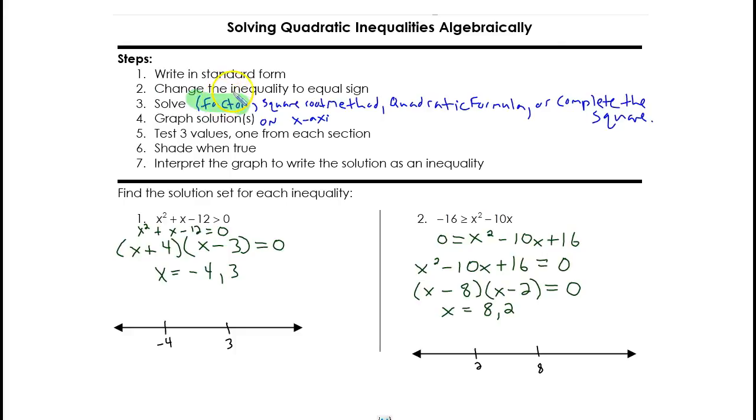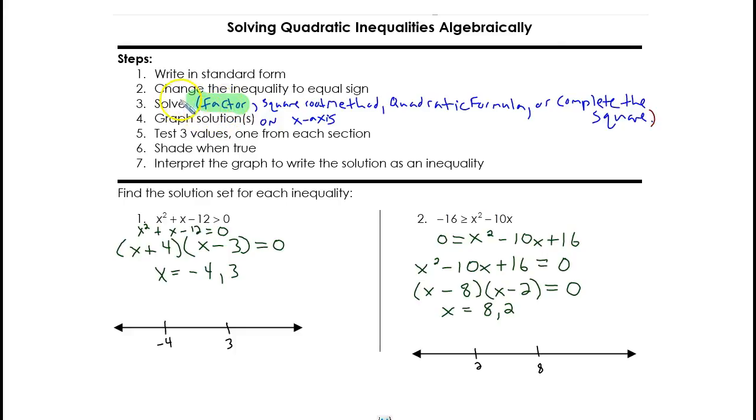We've factored, we've used the square root method, we've used the quadratic formula, we've learned how to complete the square. There's a whole bunch of different methods that we can use for solving quadratic equations. In this video, every one of the questions that we look at, we're going to be factoring because they all are factorable. But I could use another method if I wanted to, or if I had trouble factoring.